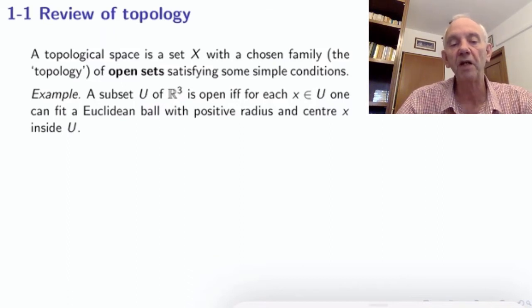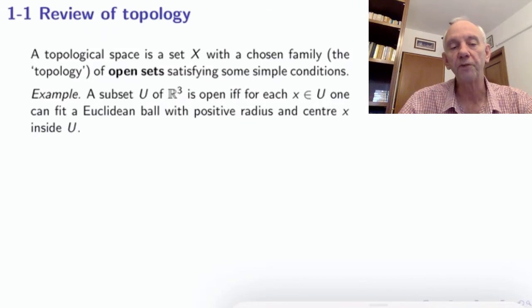So this family of subsets which you distinguish has to have certain properties. The first property is that both the whole set X and the empty set are open. They're declared always to be open. The second property is that if you have two open sets, their intersection must be open. So it follows from that, if you have any finite collection of open subsets, their intersection is also open.